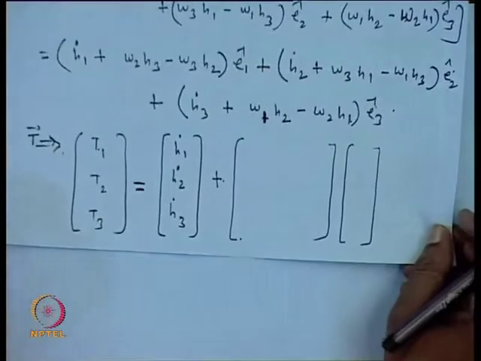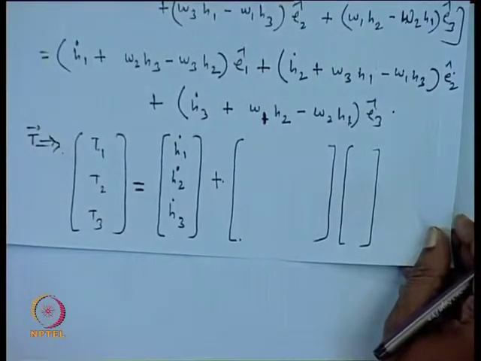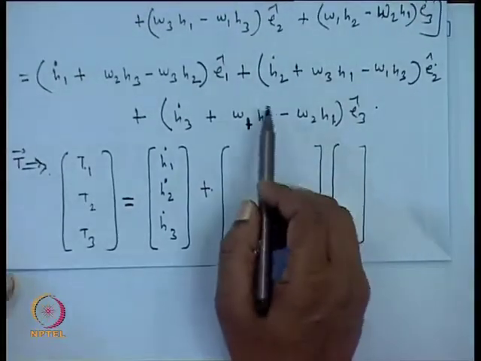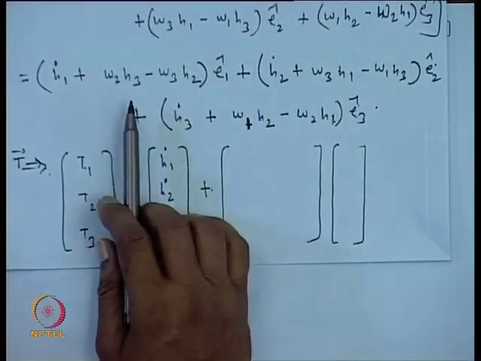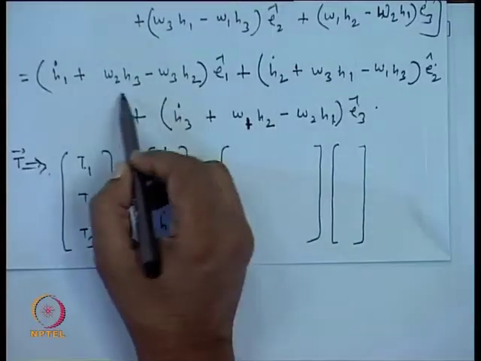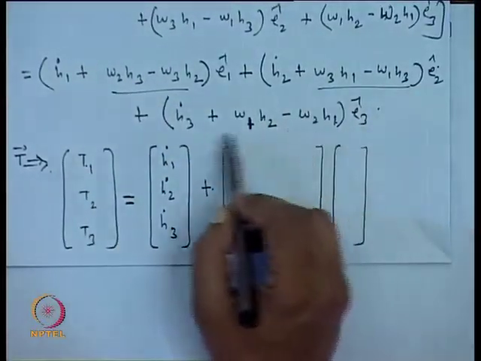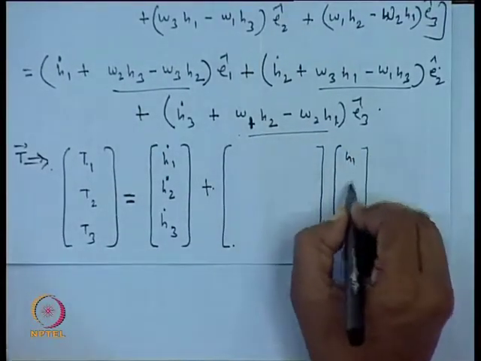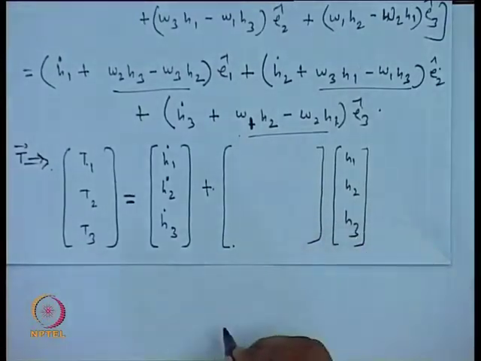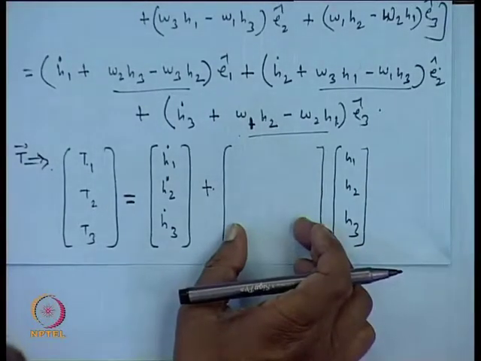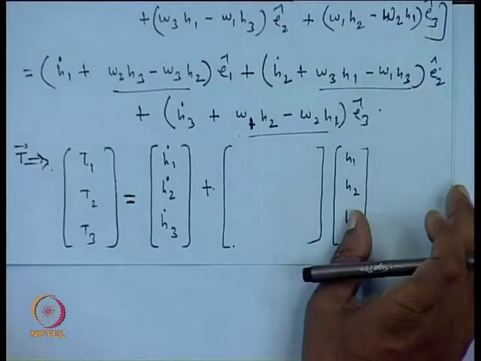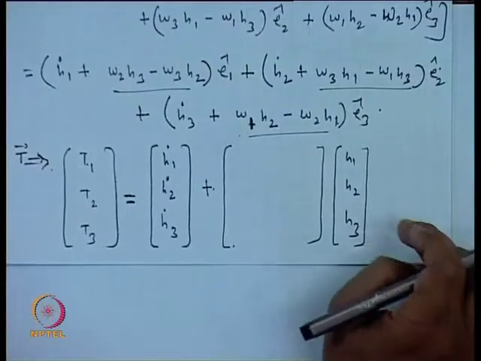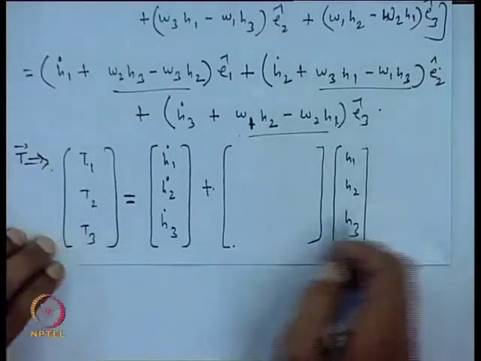Okay, for representing them in a very simple format, there are compact notations. Let us say there are two ways of doing this; terms like omega 2, omega 3 are present here. First we take the omega outside this and write here H 1, H 2, H 3, and omega we write here in this place, and later on the H 1 can be expanded in terms of the moment of inertia matrix and the angular velocity vector components along the body x.